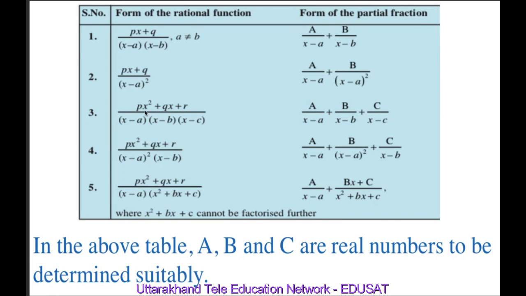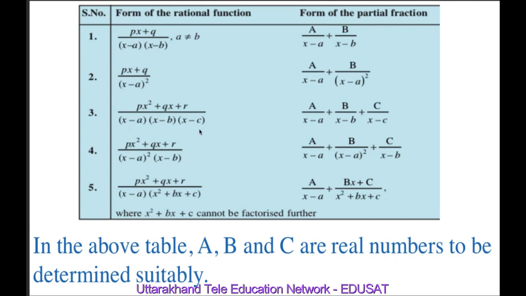Suppose we are given a function of the form (px square plus qx plus r) upon (x minus a)(x minus b)(x minus c). Here in the rational function we have three factors in the denominator. One factor is x minus a, another is x minus b, third one is x minus c, and all these are linear. This was a case for two linear factors.